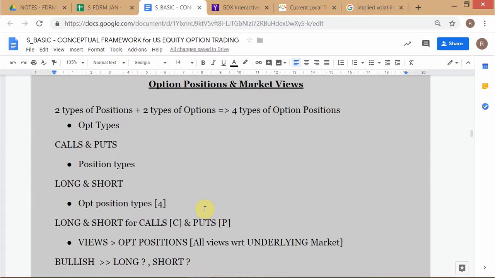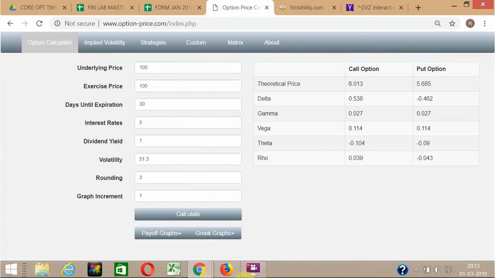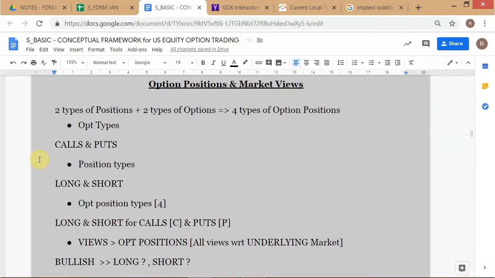Before we come to that, let's look quickly at the option positions and market. We have to be clear about this. What are the two types of options? You have calls and puts. And in general, which you learned much earlier when you covered markets, asset classes, and instruments, what are the two types of positions?